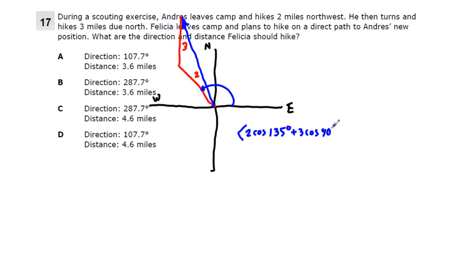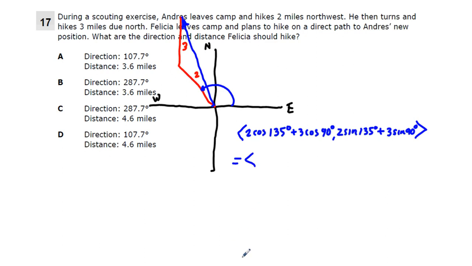Well, cosine of 90 degrees is 0. And comma, we have 2 sine of 135 degrees plus 3 sine 90 degrees. Well, that's going to be 2.